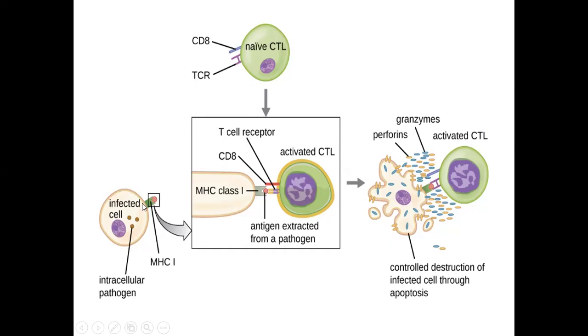They will check each cell with its MHC1 receptor. And if they find this peptide in the MHC1 receptor on the surface of the cell, they will recognize the cell as infected and they will destroy it by enzymes and perforins. Okay.